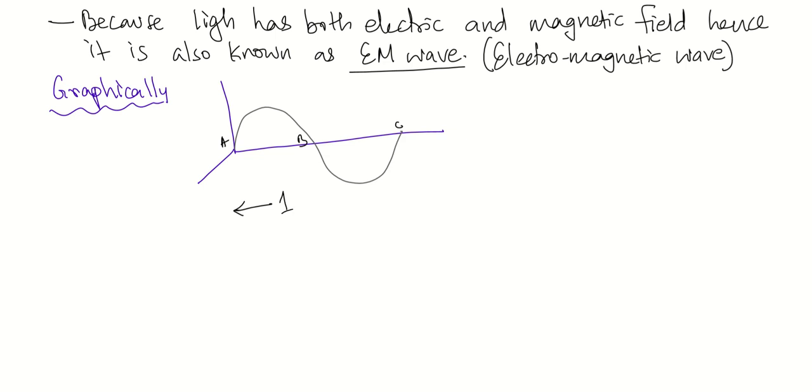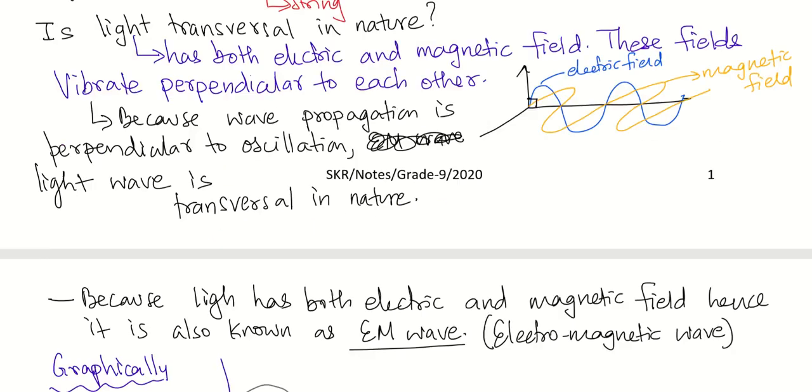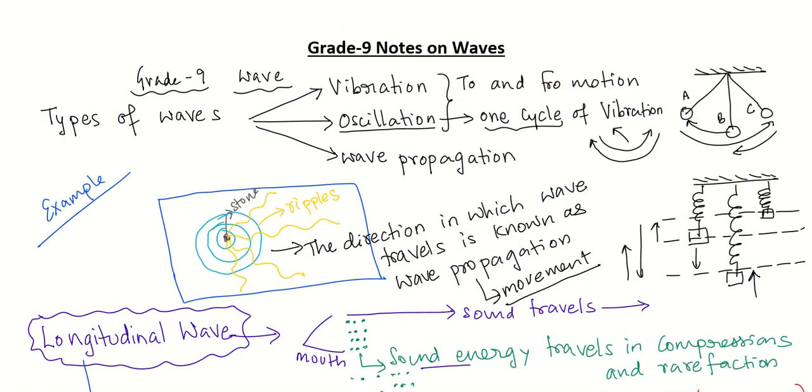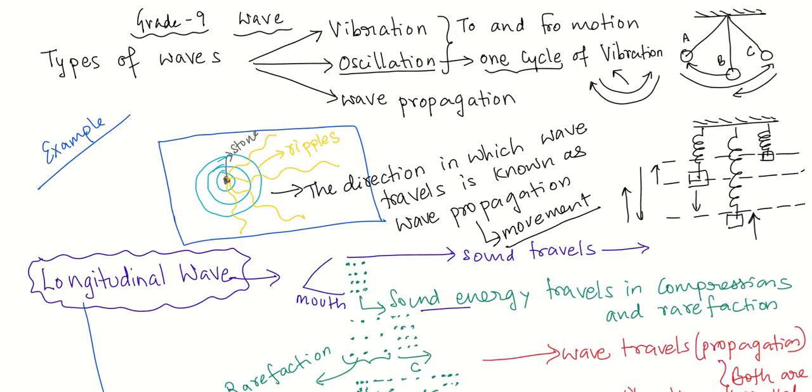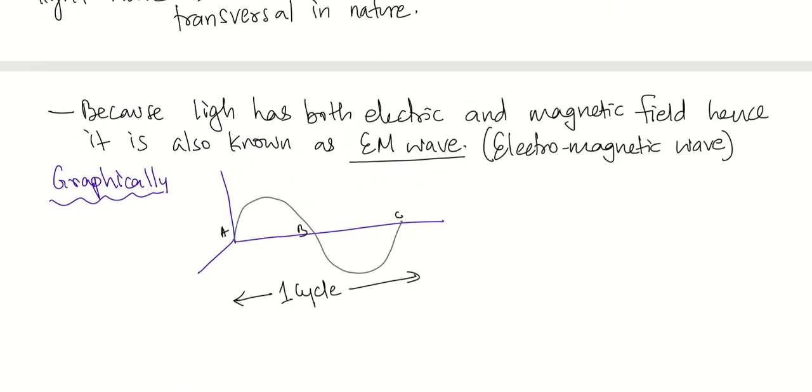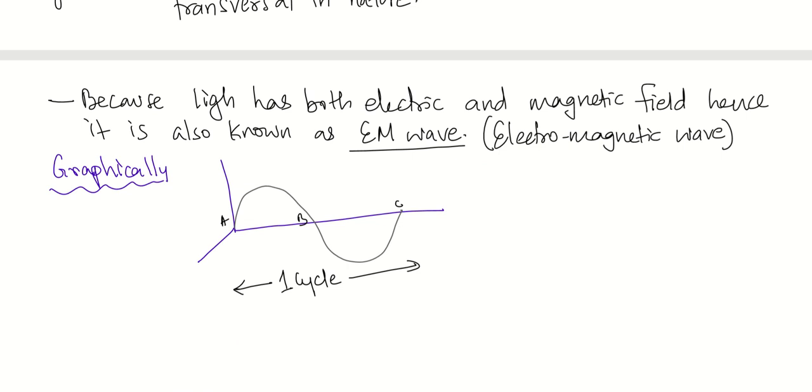So this is called your one cycle. I already explained the cycle earlier, if you remember. If the pendulum goes and comes back to the same point, that is called one cycle. So for this one cycle, we represent the wave like this. It has an upper half cycle and a lower half cycle.